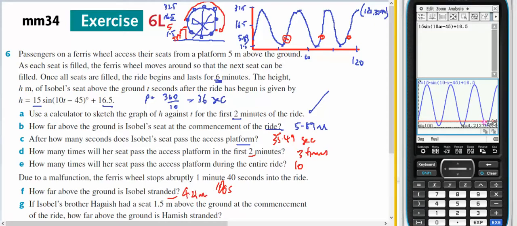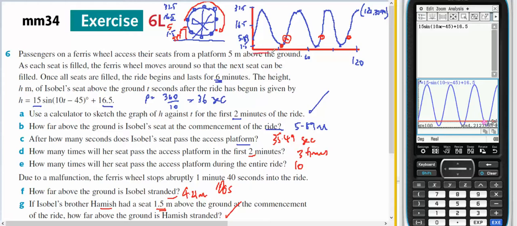If Isabella's friend Hamish had a seat 1.5 metres above the ground at the commencement of the ride, how far above the ground is Hamish stranded? So, he must have been at the bottom at the start.